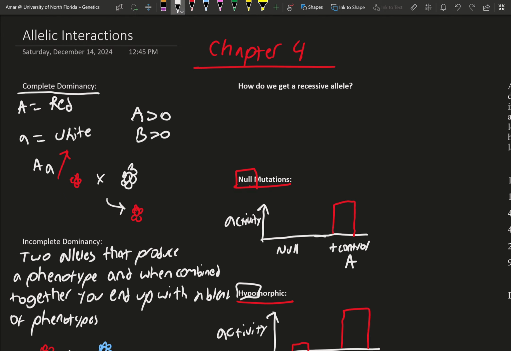But how do we get a recessive allele? There are two possibilities.